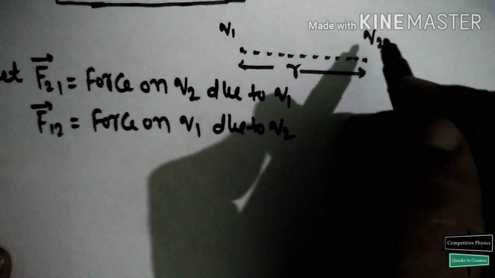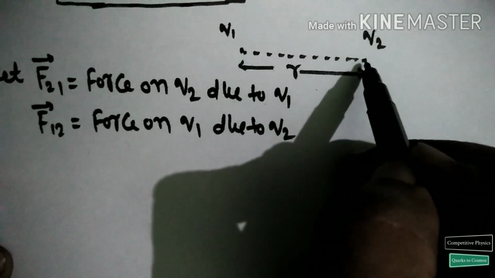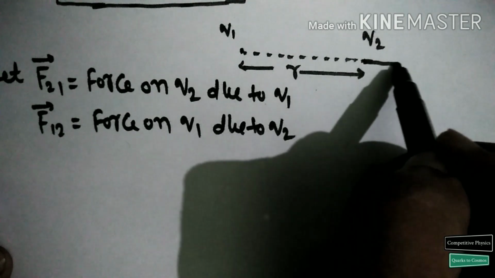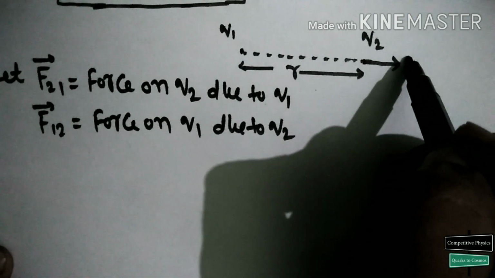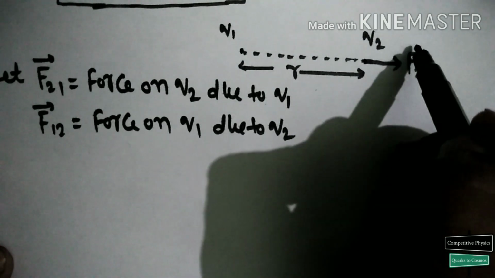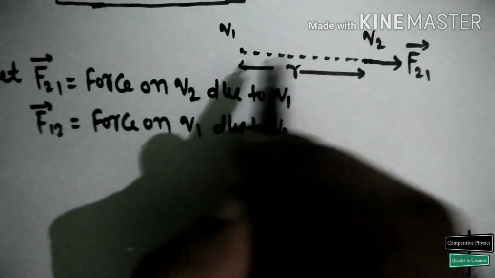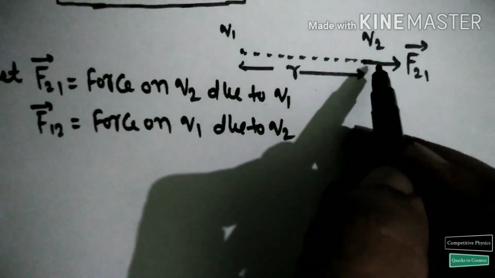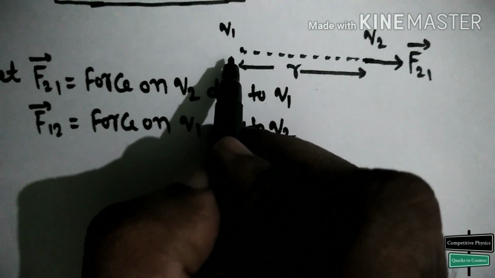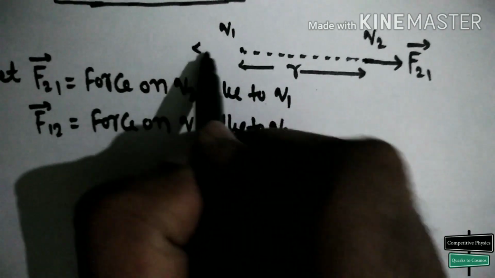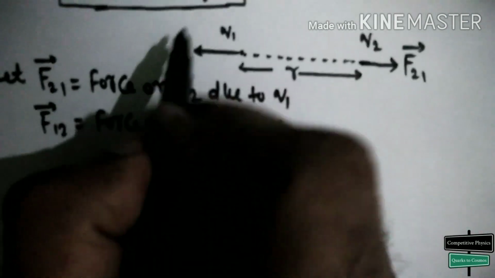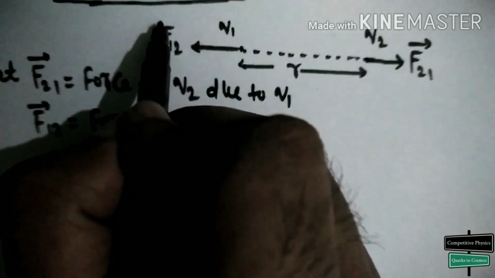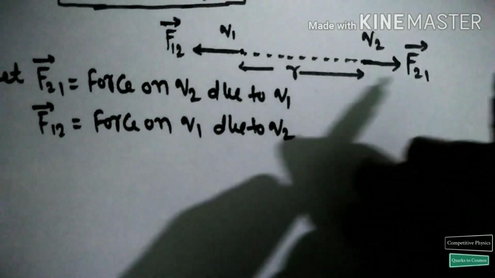That is, if Q1 is exerting a force on Q2, you know that the direction of force will be here, F21. And as I said, these two are like charges, so of course they will repel. Okay, and if Q2 is exerting a force on Q1, then the direction will be here, and the force that you can write F12, that is force on 1 due to second charge.